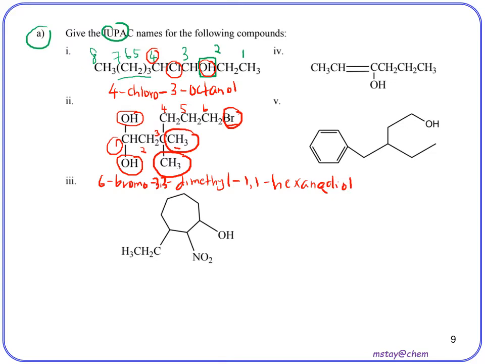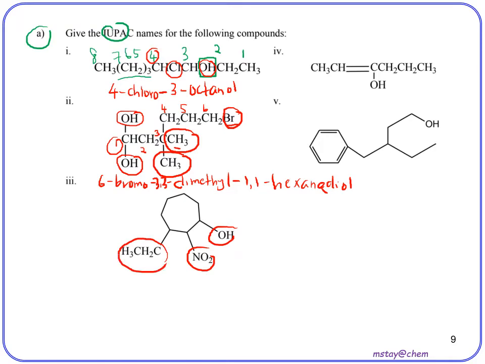Okay, so question number 3, we have 1, 2, 3, 4, 5, 6, and 7. Sorry, we number near to the functional group first. We have a hydroxyl group, we have nitro, and then we have ethyl.